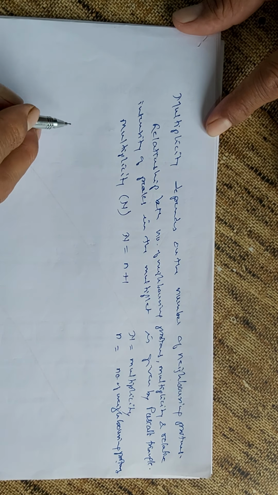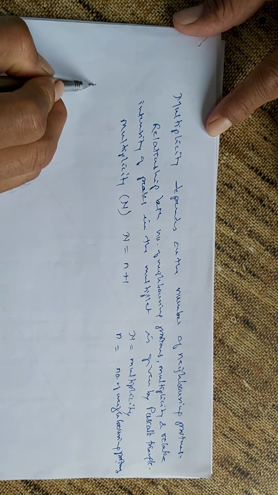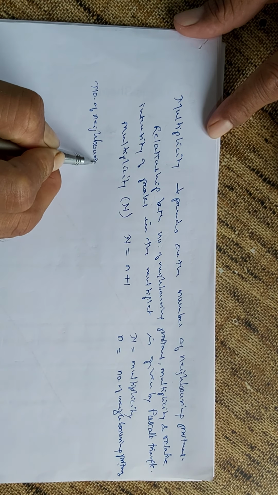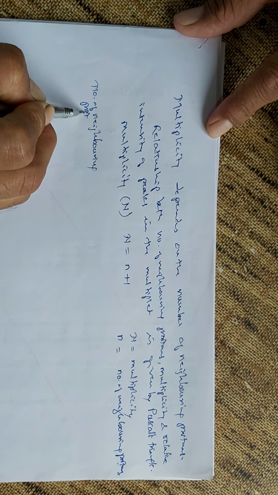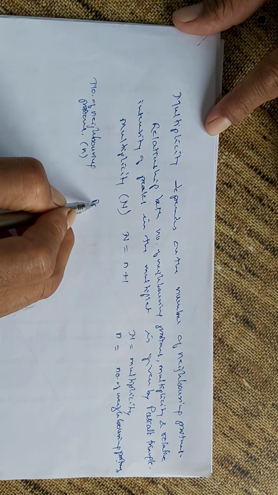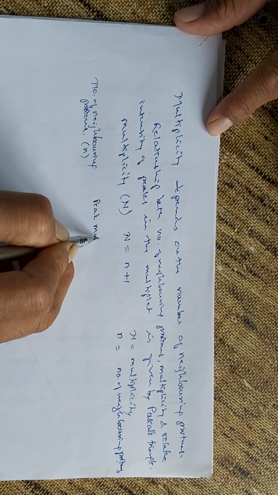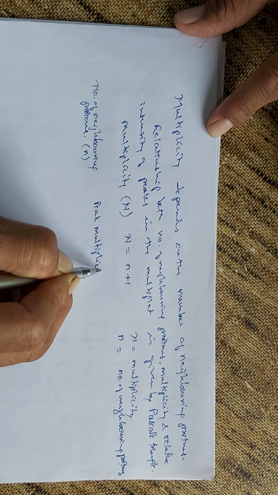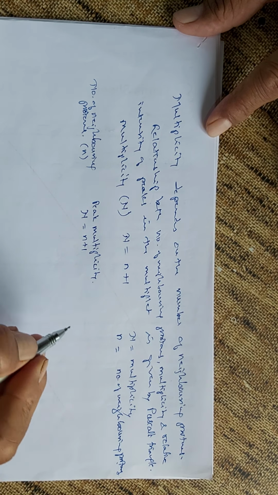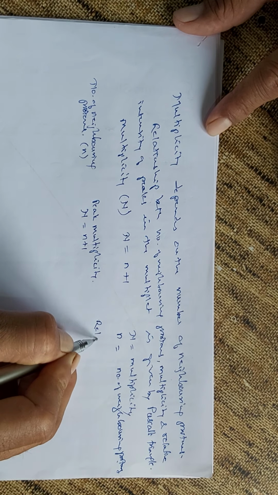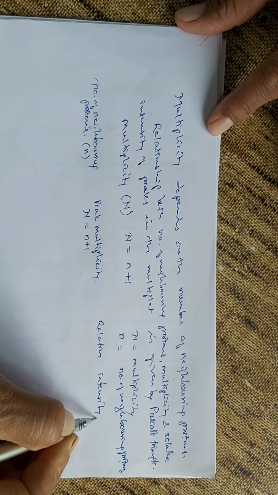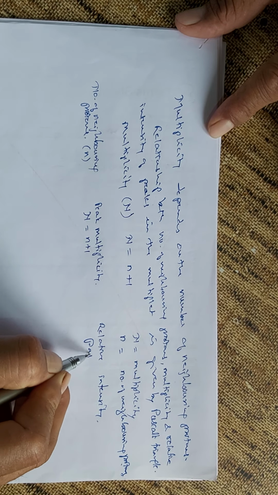And here we will see that depending upon the number of neighboring protons, given by small n, the peak multiplicity, that is capital N, is equal to small n plus 1, and this is the relative intensity, that is Pascal's triangle.